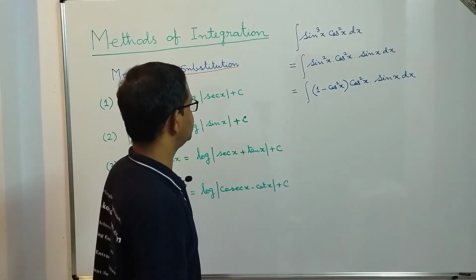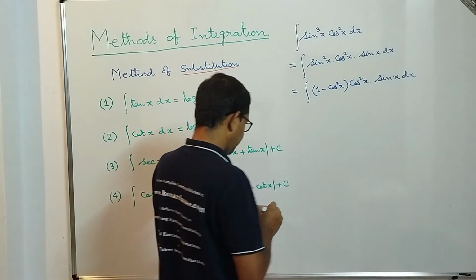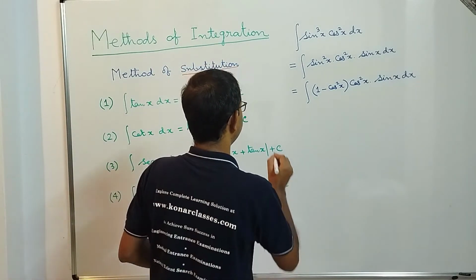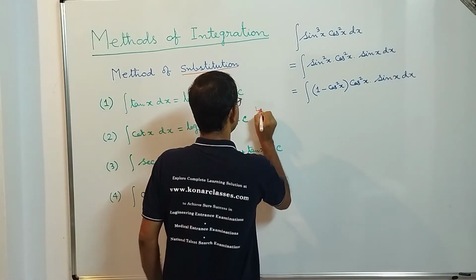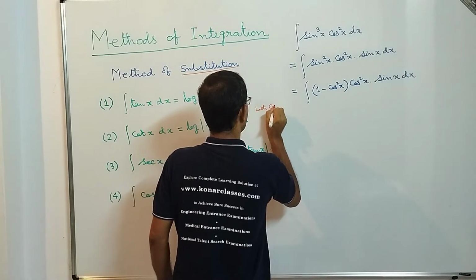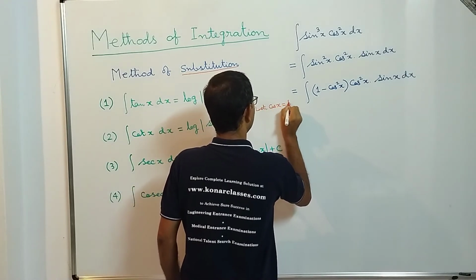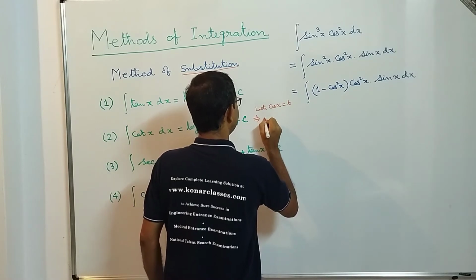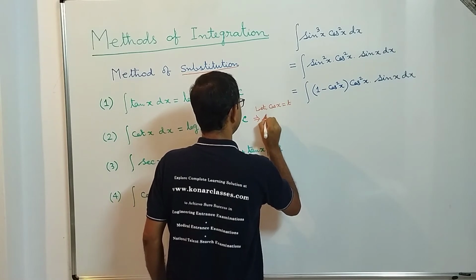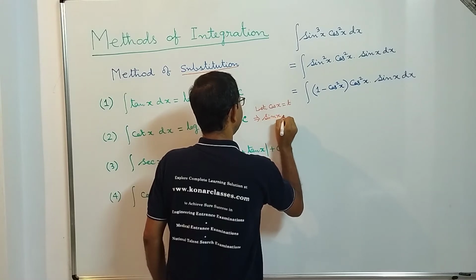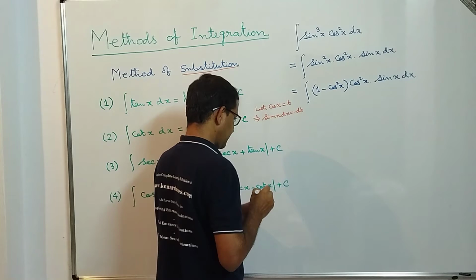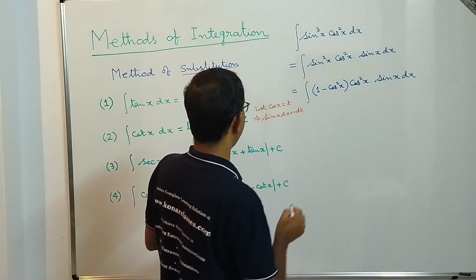Now what substitution are we going to make? Let cos x equal to t. That implies minus sin x dx equal to dt, that means sin x dx is equal to minus dt, and that value we are going to apply here.